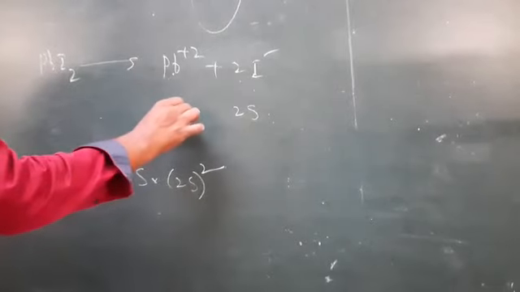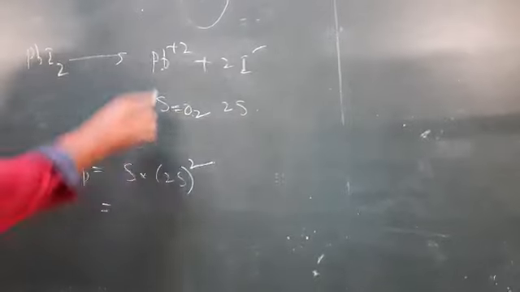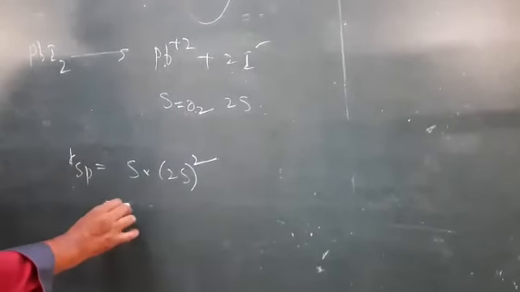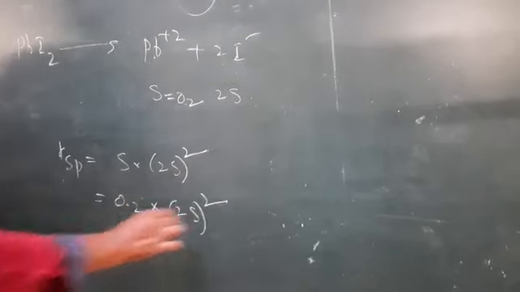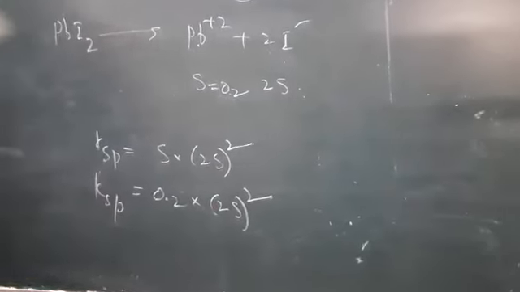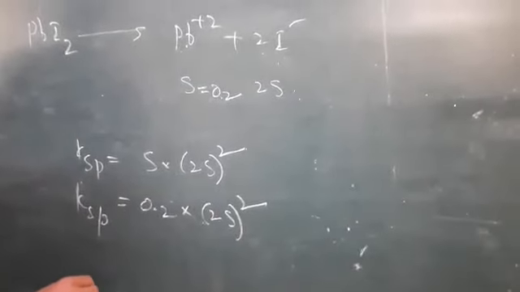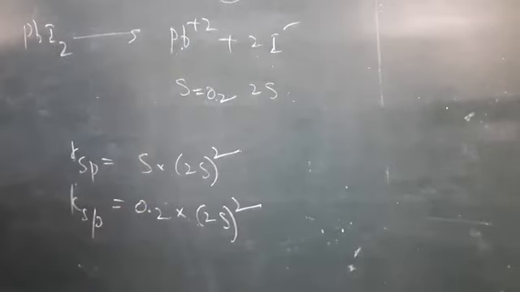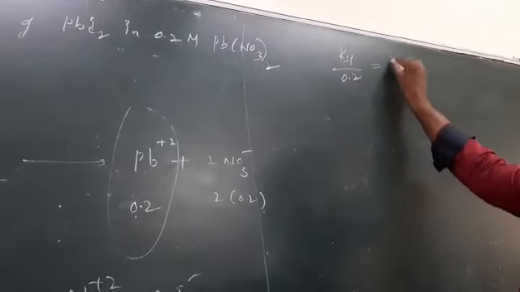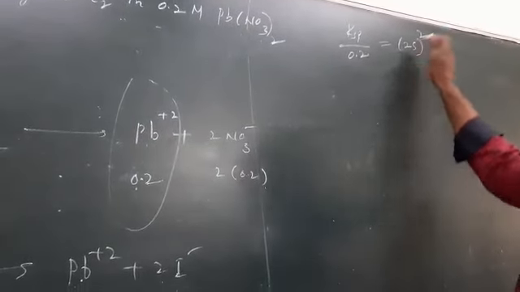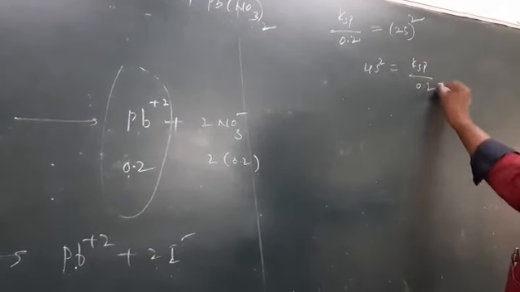The lead plus 2 concentration is 0.2, so Ksp equals 0.2 into 2S square. So 0.2 take this side: Ksp by 0.2 equals 2S square, so 4S square equals Ksp by 0.2.